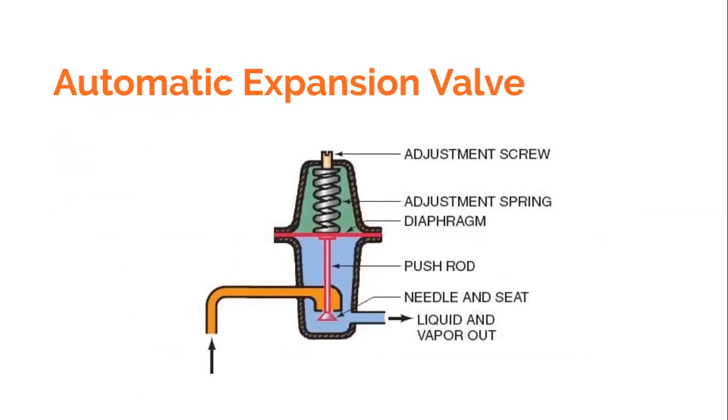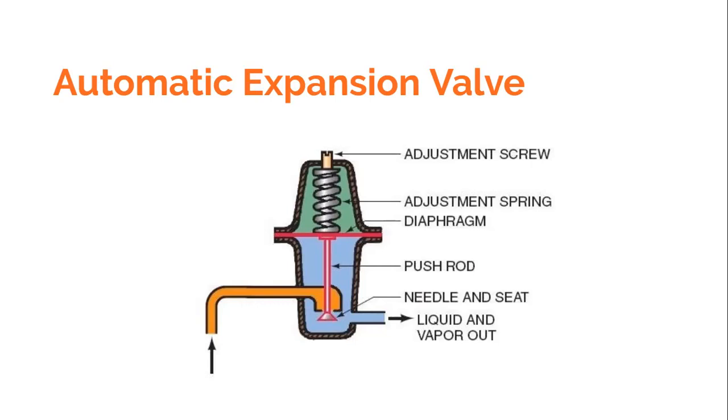The other expansion valve. Now, what is the difference between the automatic expansion valve, which we are going to discuss, and the capillary tube, which was discussed earlier? You find that in the capillary tube, you cannot change the bore or the constriction through which the refrigerant flows.